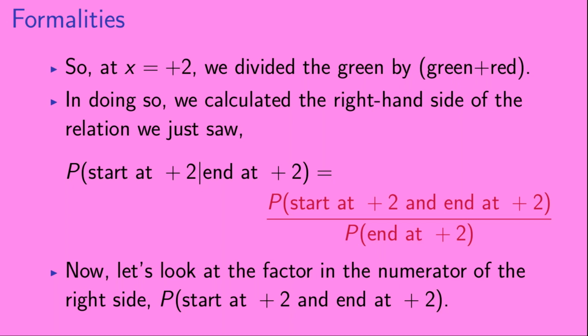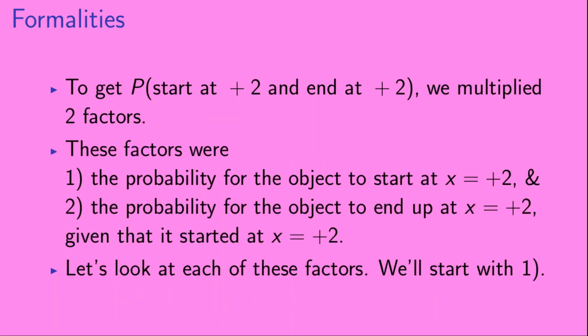Now let's look at the factor in the numerator of the right-hand side. So the factor, the probability to start at +2 and end at +2. To get the probability to start at +2 and end at +2, we multiplied two factors.